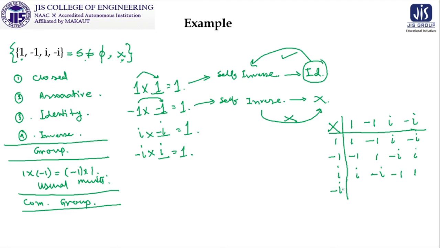And minus i into 1 is minus i, then i square is minus 1, minus, so it is 1, and this is i square, which is minus 1. So what you see, these are all possible combinations, and all the elements present here are present in the set, so it is closed. You are getting the identity element in each and every row.